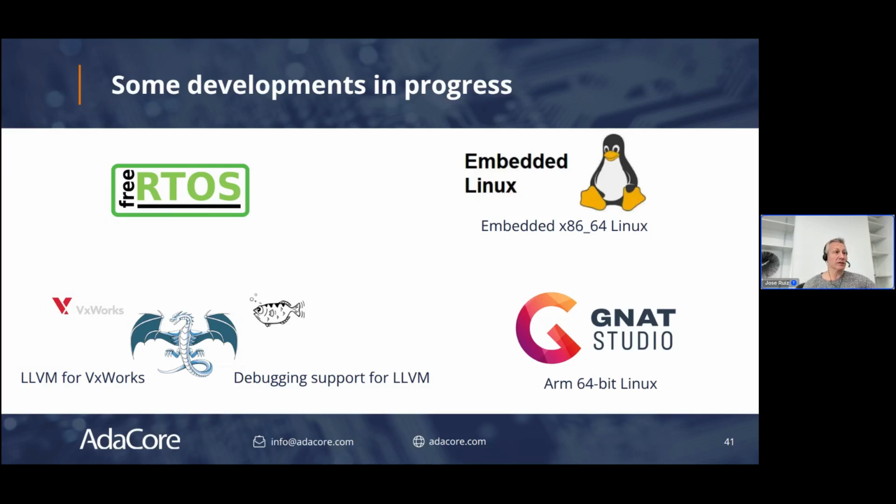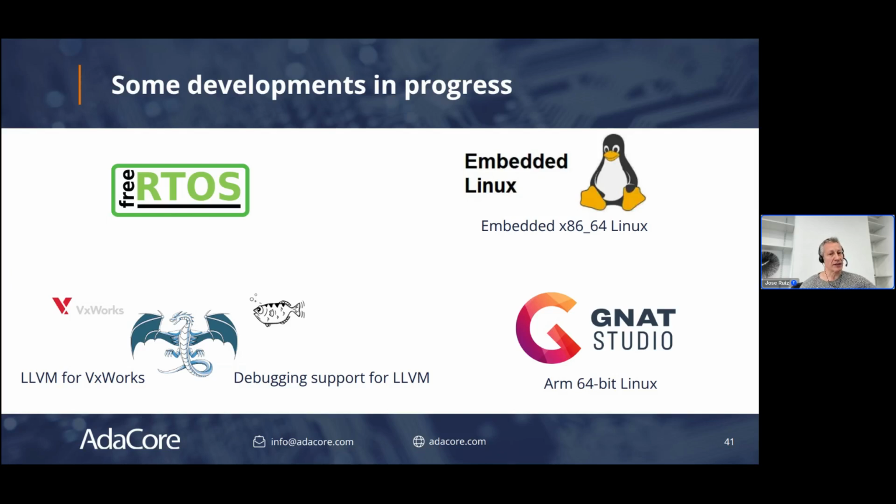There is a lot of work going on the LLVM side, and two of the main things that are being worked on as we speak is the support for VxWorks. So you will be able to use VxWorks compilers for VxWorks that are based either on GCC or LLVM.